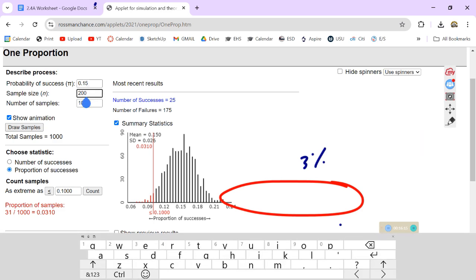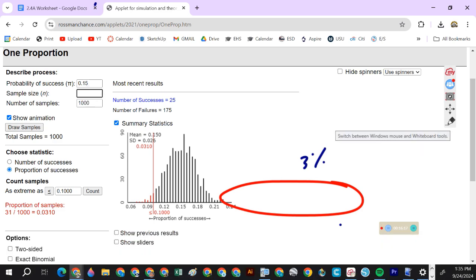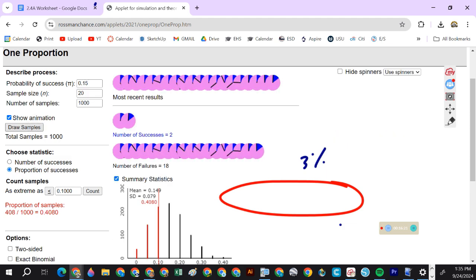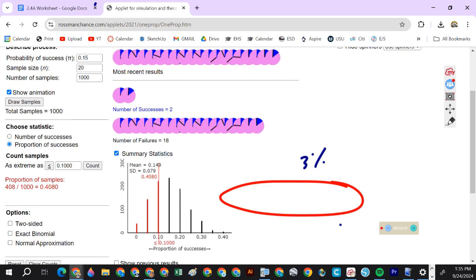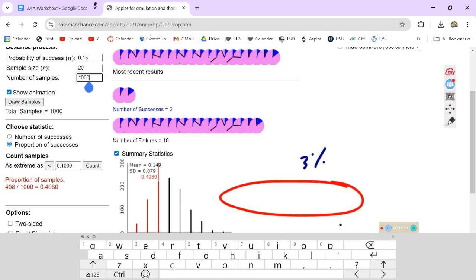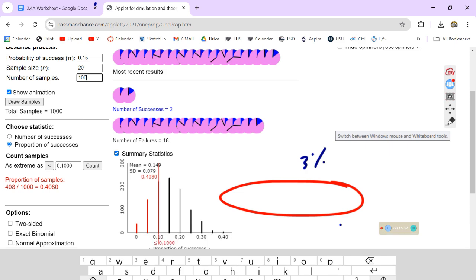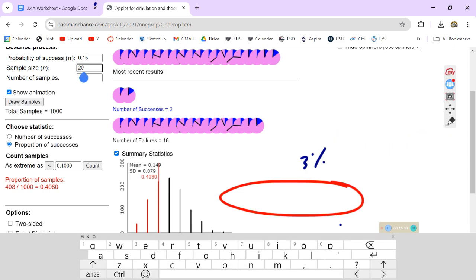So let's say we play 5 times, well, let's say 20 times. Okay? I expect to get, in 20 plays, I expect to get 3 heads, or 3 wins. Sorry. Let's not play 1,000 times. So let's change this to 200.